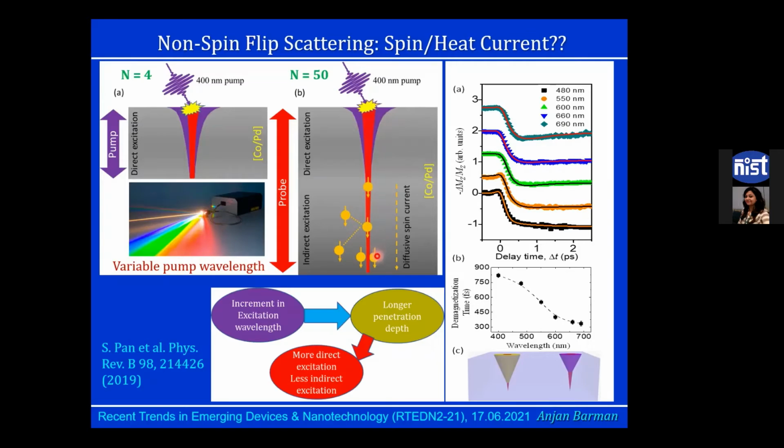So you will have nearly direct excitation, and that is why no indirect excitation will take place, and as a result, you have this single-step demagnetization. So these are two important developments that we had in the last few years in the ultrafast demagnetization.